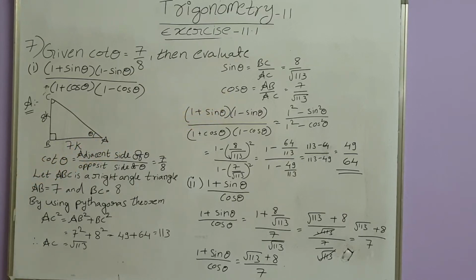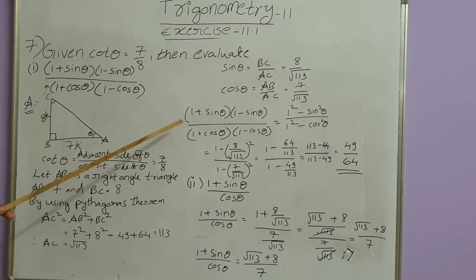Now in this we find 1 plus sin theta. 1 plus sin theta value is 8 by under root of 113. So here 1 plus sin theta into 1 minus sin theta. See this line.